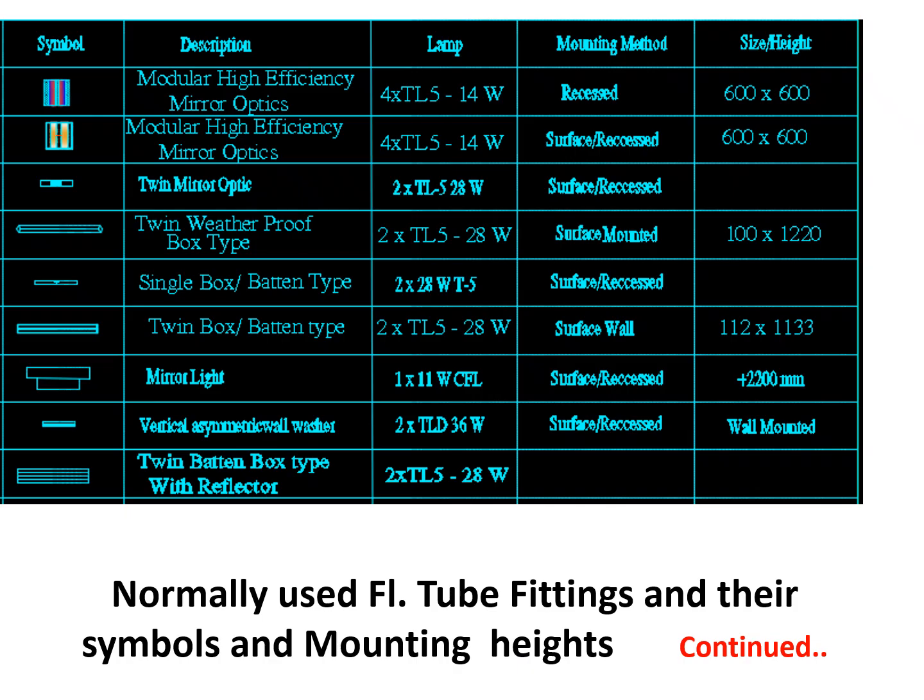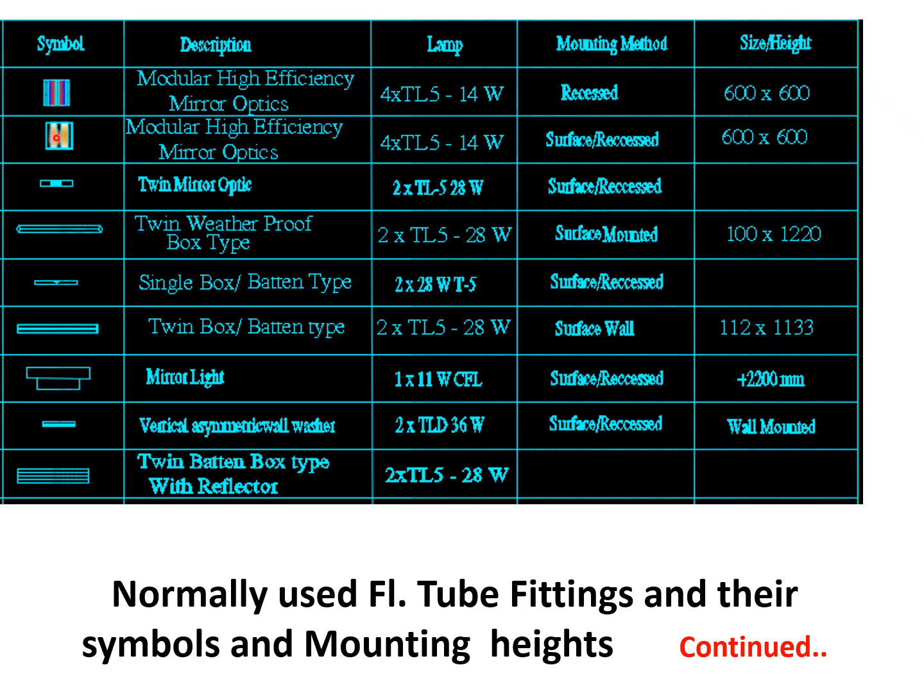This particular slide shows five different columns of different types of electrical fittings. The first one is a modular high efficiency mirror optic containing four TL5 14-watt lamps, and the mounting method is generally recessed, and the size of the fitting is 600 by 600 mm.